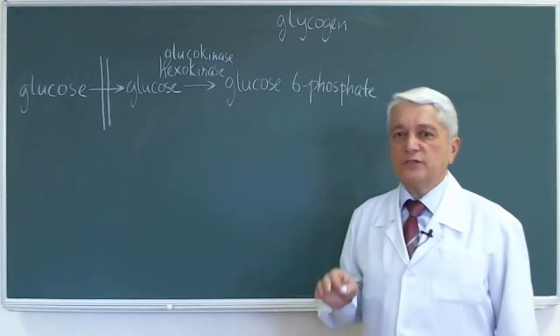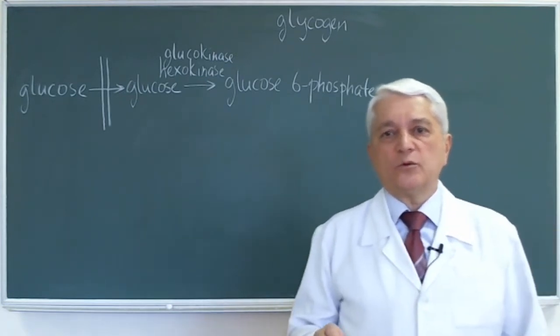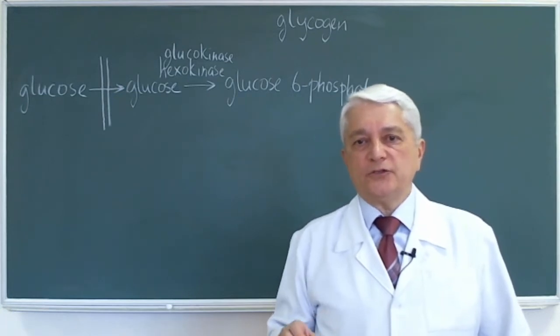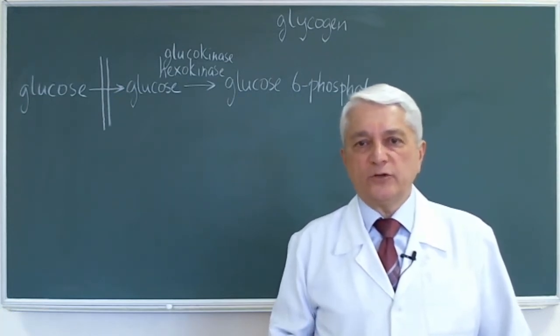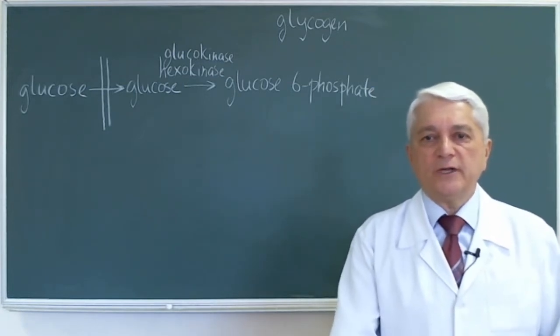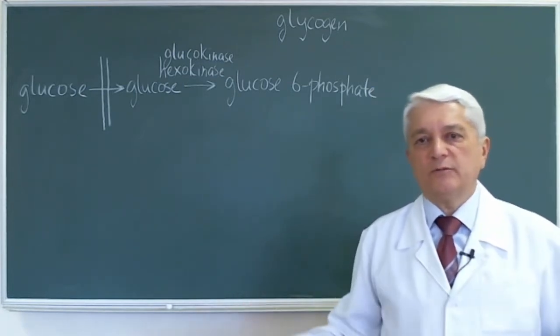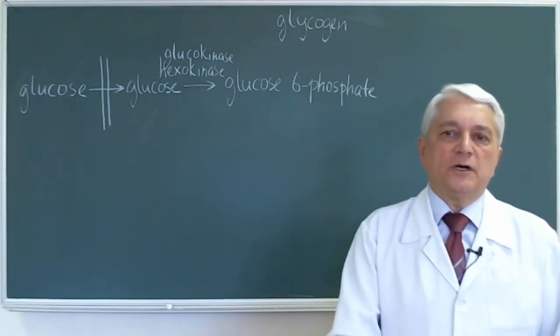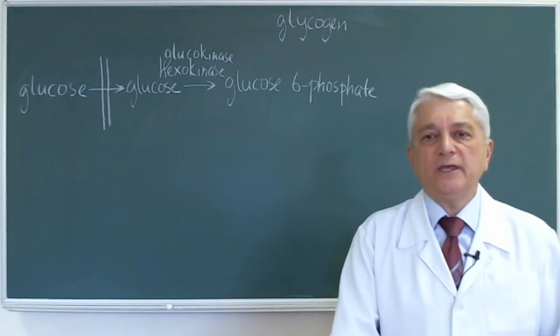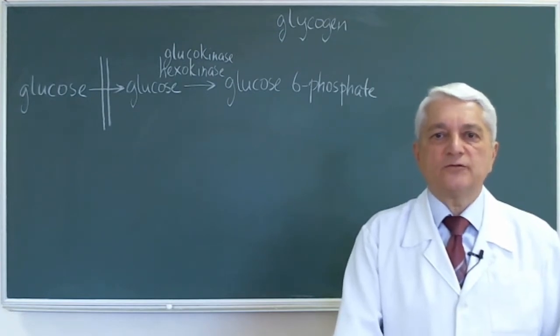I want to say to you that we will not write all stages and all names of molecules, because we have not enough place on your page and on my blackboard. We shall write only the main steps of transformations.